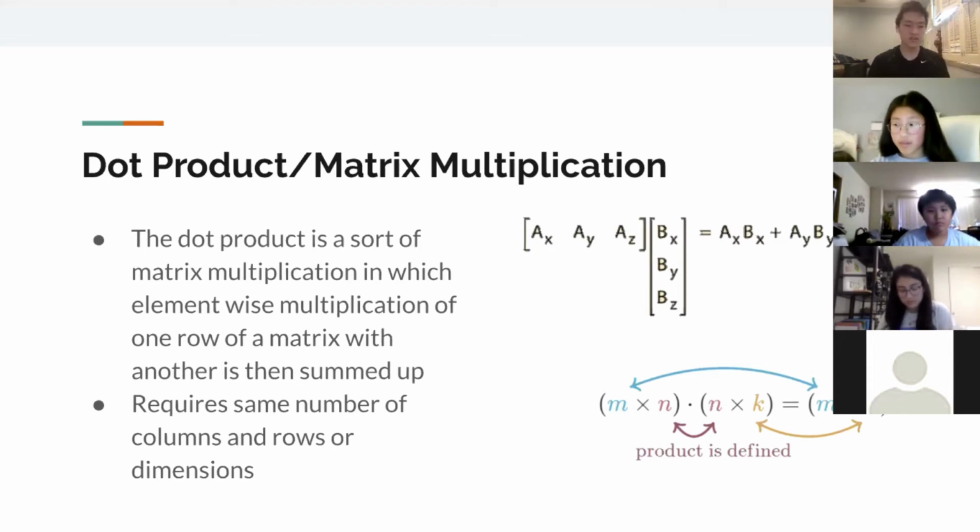So essentially think of it as taking a row of the first matrix and a column of the second matrix, multiplying them together, then adding them up, and you get the output, right? If you're dotting two matrices where it's m by n and n by k, the output is going to be m by k, okay? So the two inner dimensions, if you were to write out the dot product of these matrices, have to be the same.